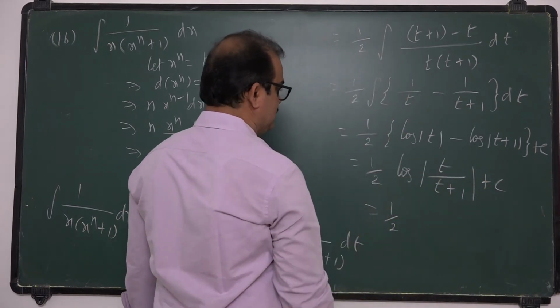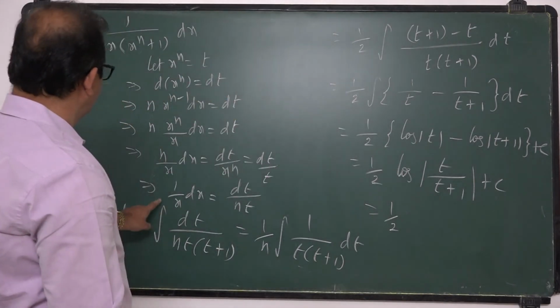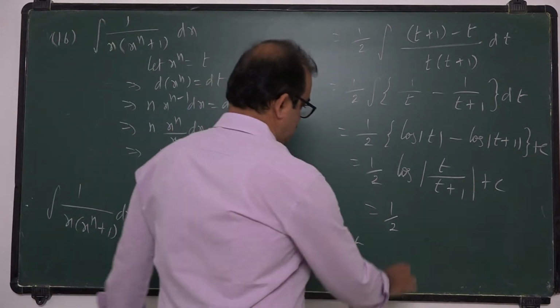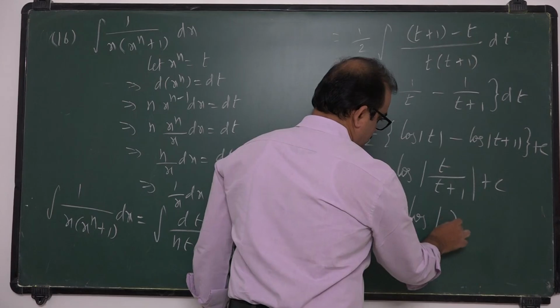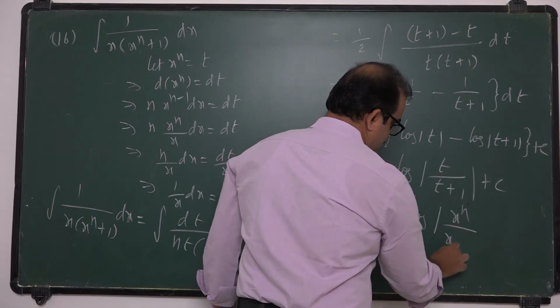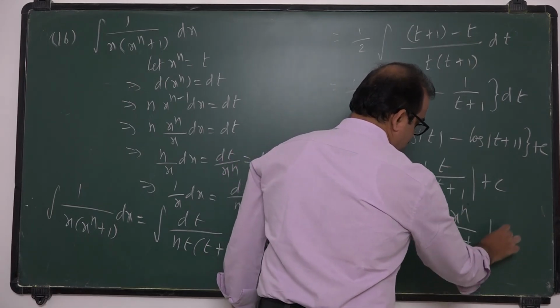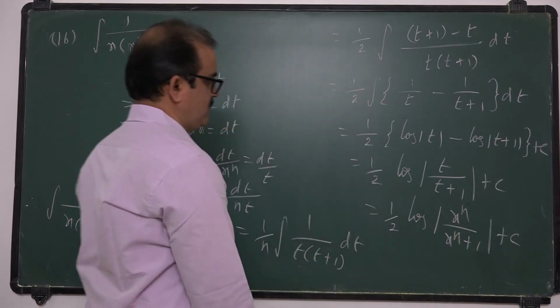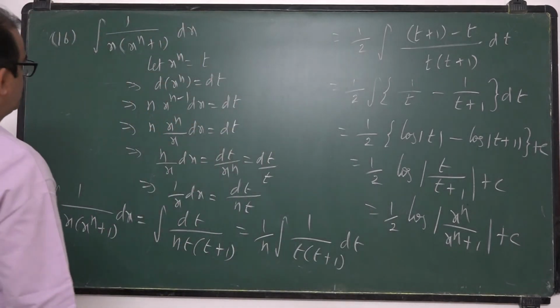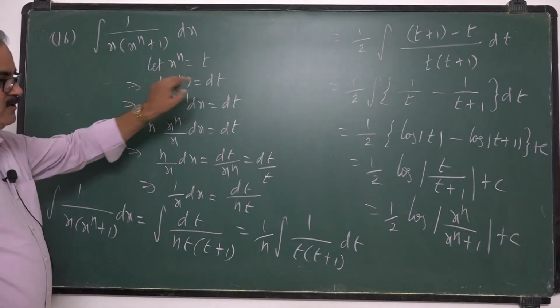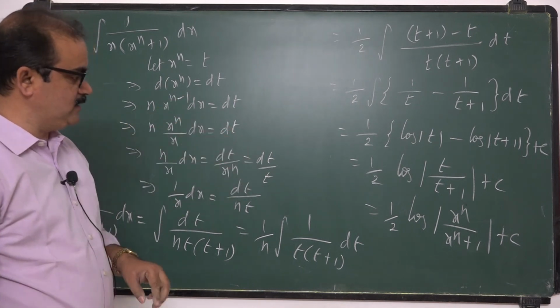But what is t? From our assumption, t is x power n. So log mod x power n by x power n plus 1 plus c. In this way, by assuming x power n is equal to t, we get the integral value.